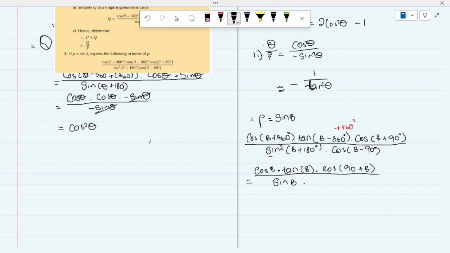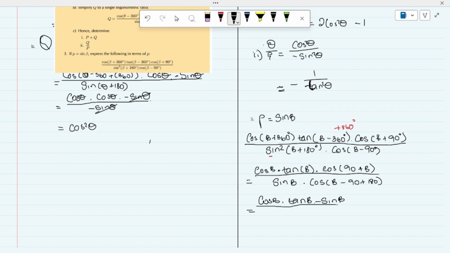And then for this one, it's going to be cos of beta minus 90 plus 180. So it's going to be cos beta multiplied by tan beta, and then multiplied by minus sine beta.